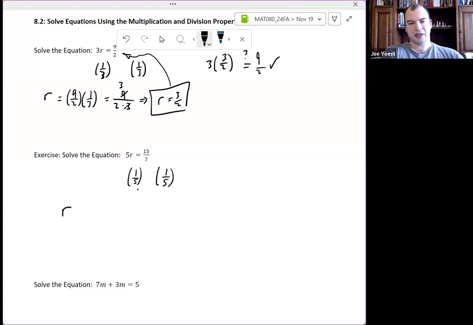And 1 times r is just r. And on the right side, I have 15/7 times 1/5. And I see that the factor of 5 in the denominator divides out with the factor of 5 in the numerator, leaving me with r equals 3/7.